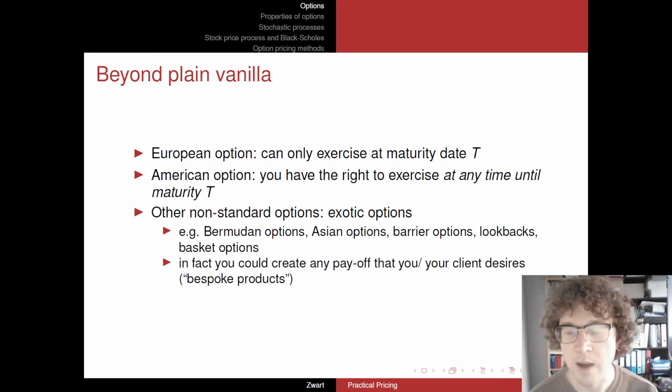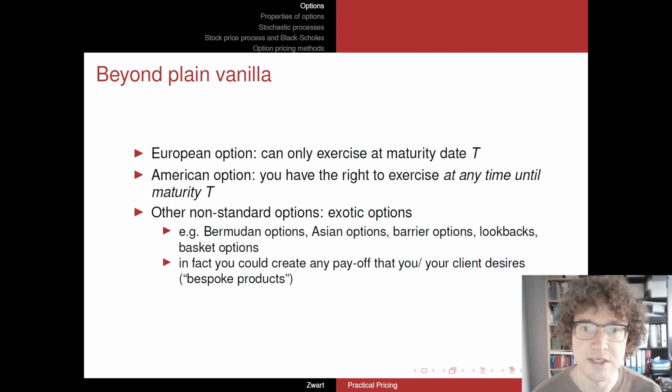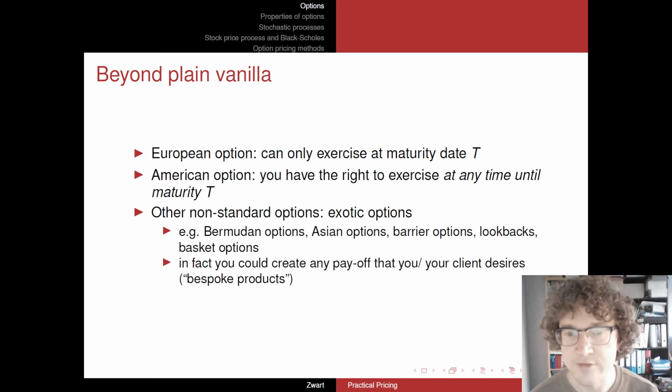A barrier option is an option which only comes into being when the stock price during the lifetime of the option crosses some particular barrier. So perhaps we have a call option on this Shell oil share, but it only comes into being if during its lifetime Shell oil crosses some either upper or lower bound in its path.